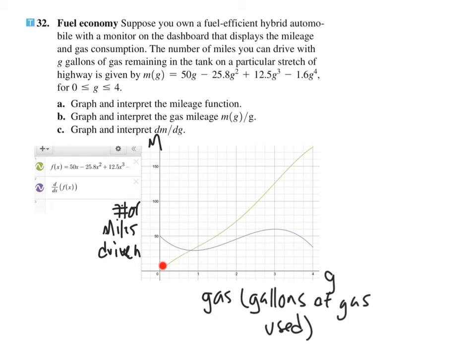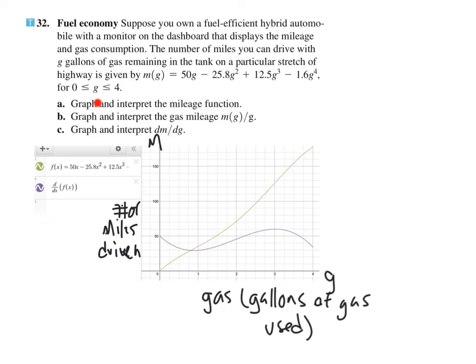You're concave down, and then all of a sudden you get concave up again, and then you go concave down. So right in the middle is kind of the sweet spot where your car is performing very efficiently. As you use gas over this interval, you then start to not use it as efficiently here.